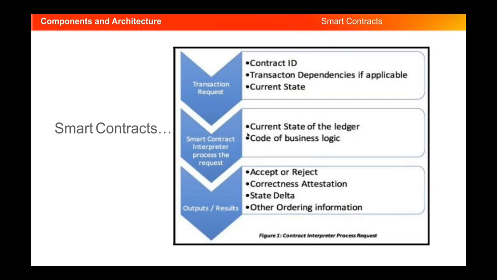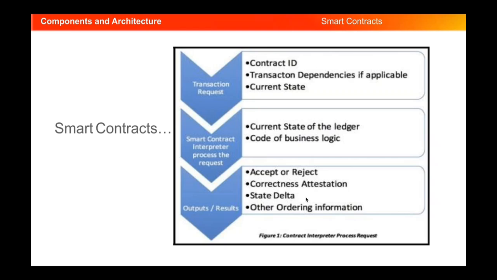So after looking into the current state and also the business logic, the output will be whether it is accepting the transaction request or not, or the correctness or attestation based on the different policies that you have defined. And it also gives the state delta.